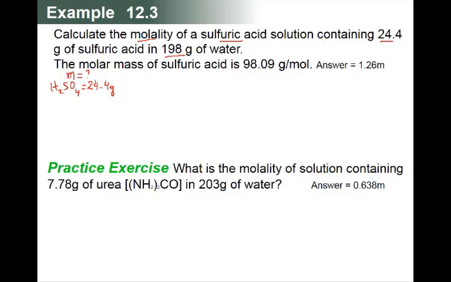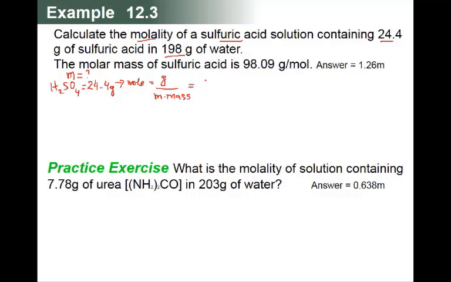This gram we have to convert into mole. Mole is equal to gram upon molar mass.